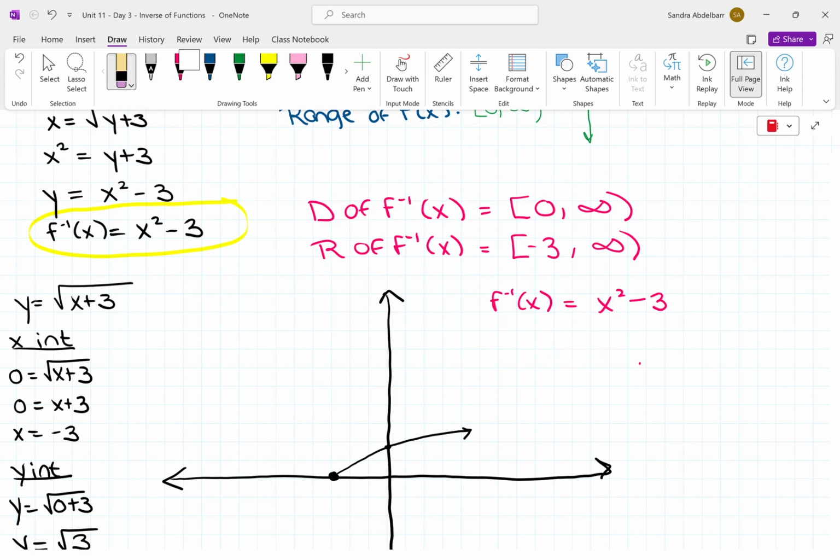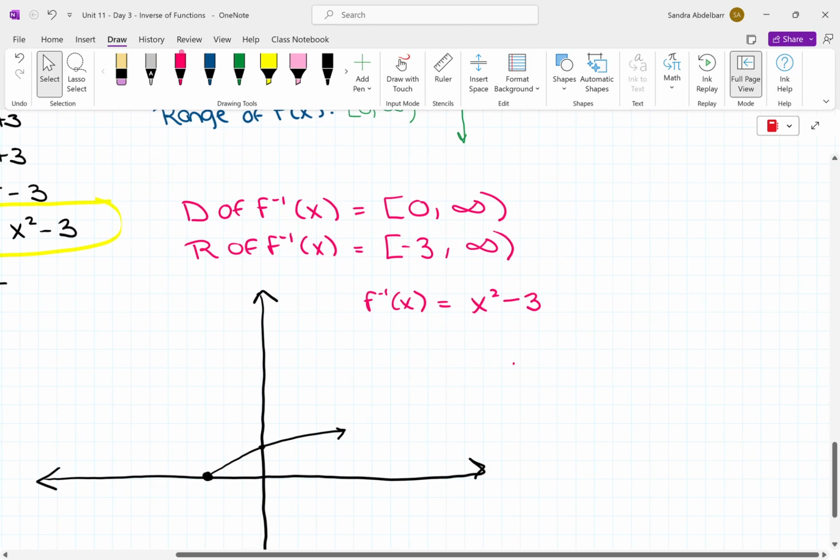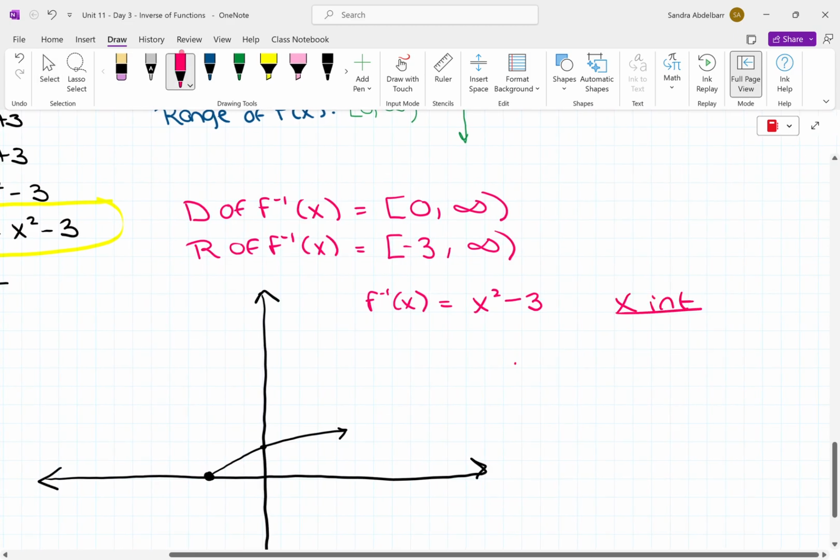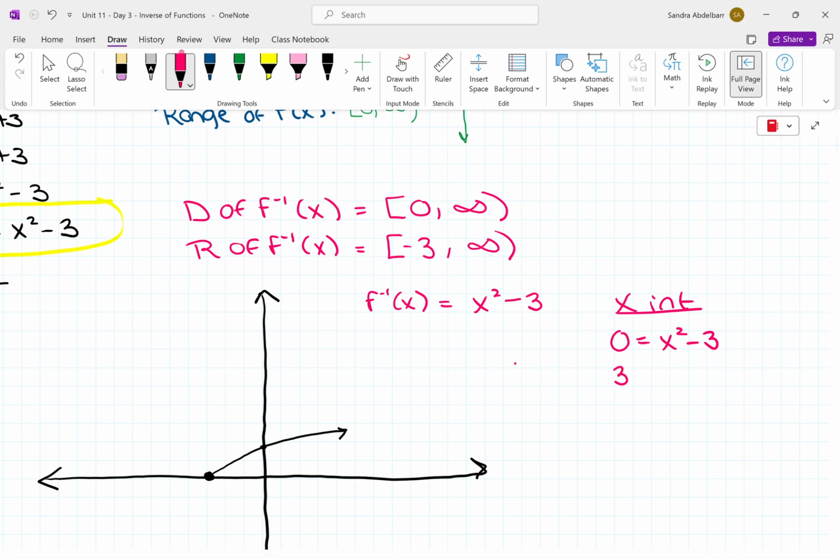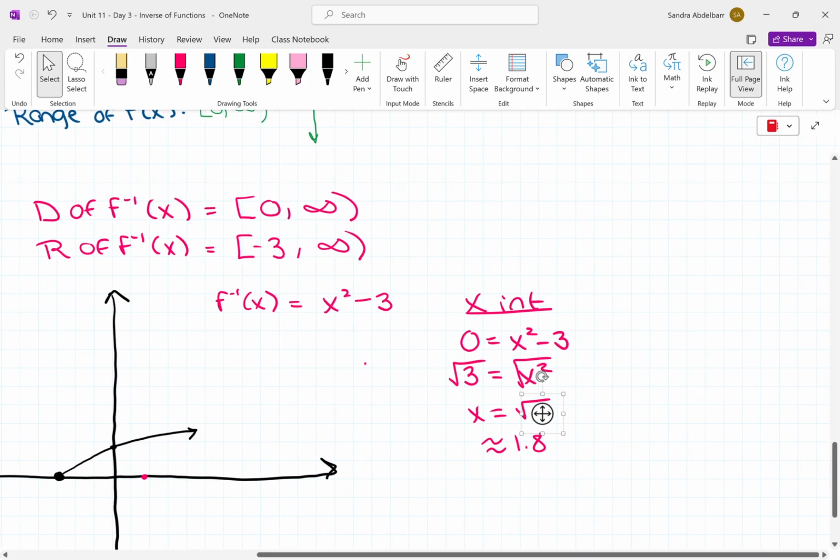Yes. So then we're going to have 0 equals x squared minus 3. So 3 equals x squared, root both sides. X will equal the root of 3. Well, didn't we estimate this as 1.8 before? So we'll use it again. So now we're about 1.8, which is right over here.